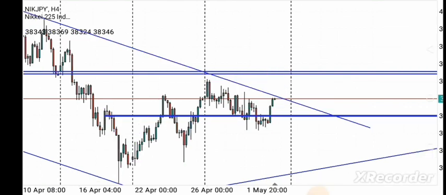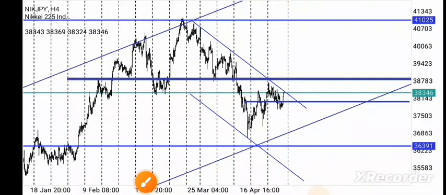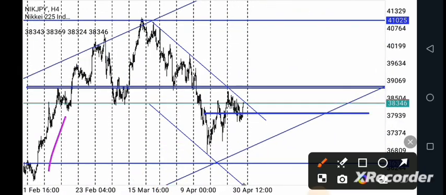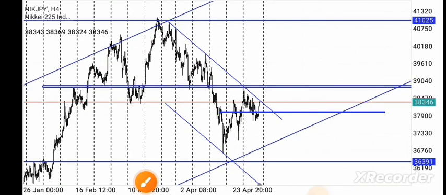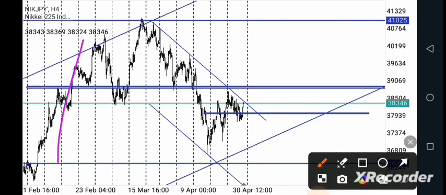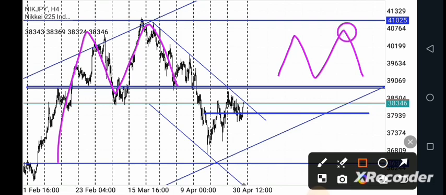And as far as my analysis goes, just to zoom out, remember guys, we have this huge double top, and price came back to that level to give it a test, and at this point is where I believe that the market is likely to move further down. However, as much as I'm saying that, remember that whenever we have these patterns, these double tops, a lot of traders and investors actually sell at that point, and they place their stop losses just above.